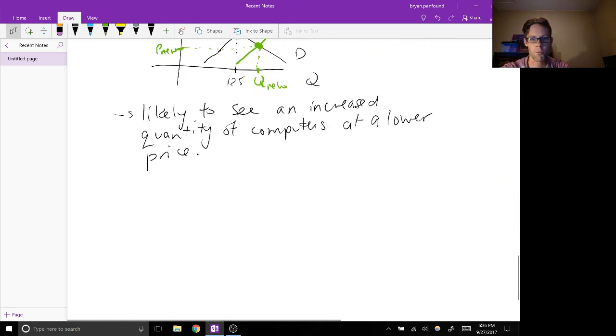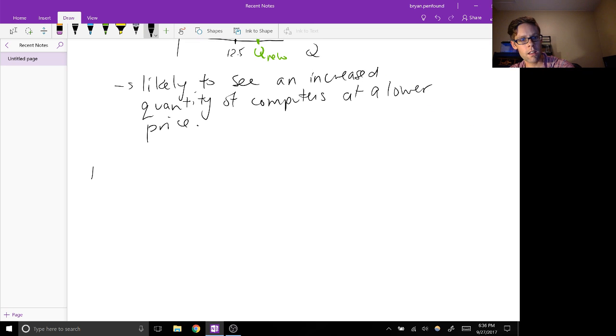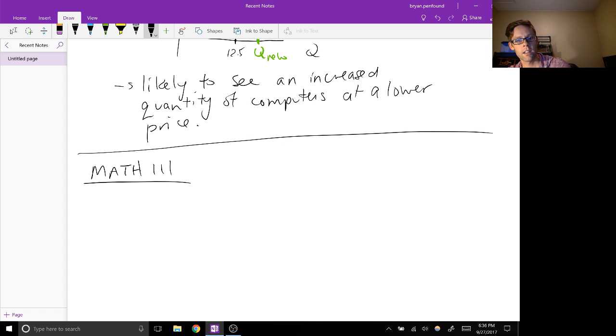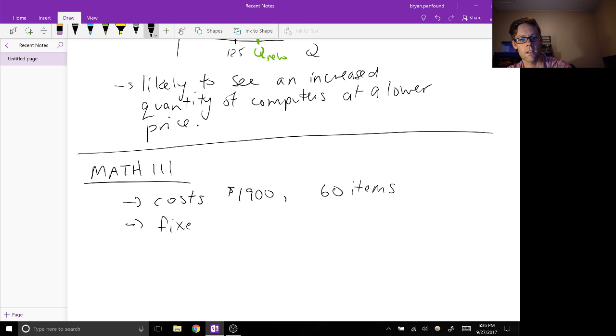I do have to jump over from business math into Math 111, math for art students, just for a second, because I had a request to work through one question. It costs $1,900 to manufacture 60 items, and we have a fixed cost of $700.